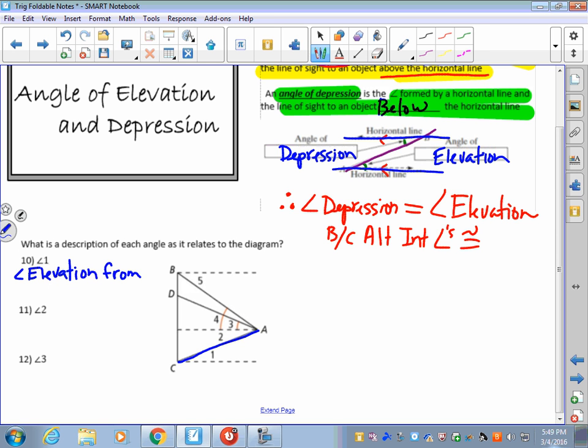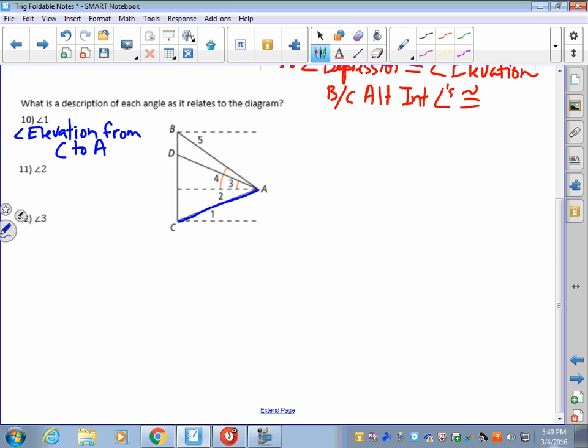You have to know our starting point to our ending point. So from C to A. Sorry about that. All right, so this blue line that I just drew, and let me extend this page, maybe that's better for you, is my line of sight. That is basically the transversal that forms the angle with the horizontal line. So that will help you understand it has to be the transversal that forms the angle with the horizontal line.